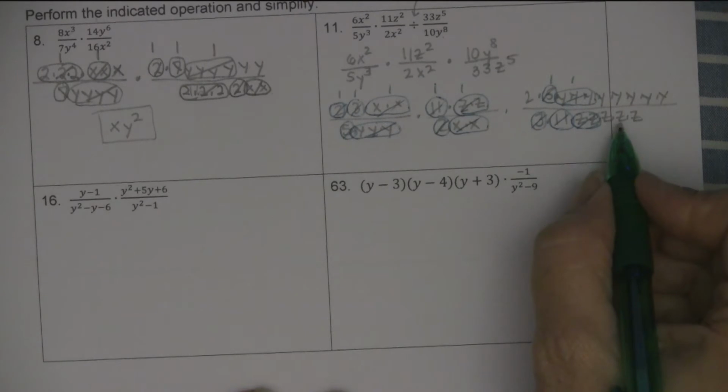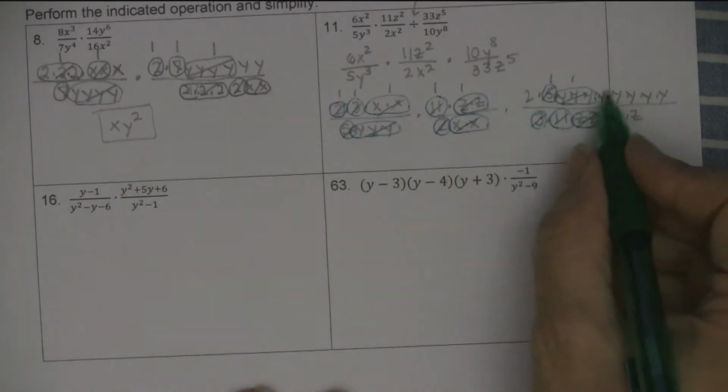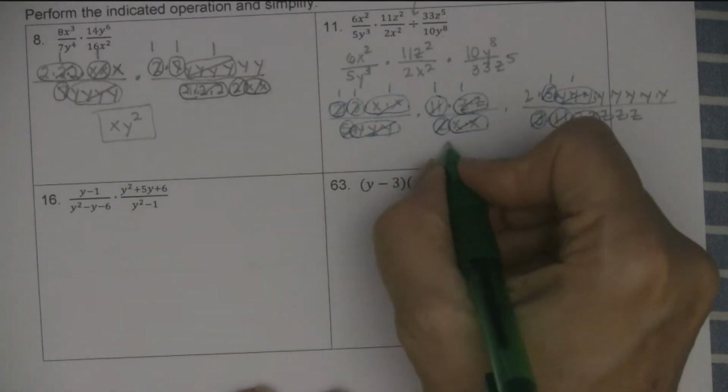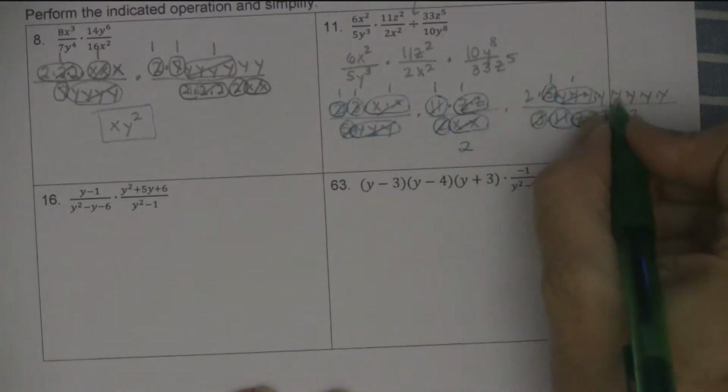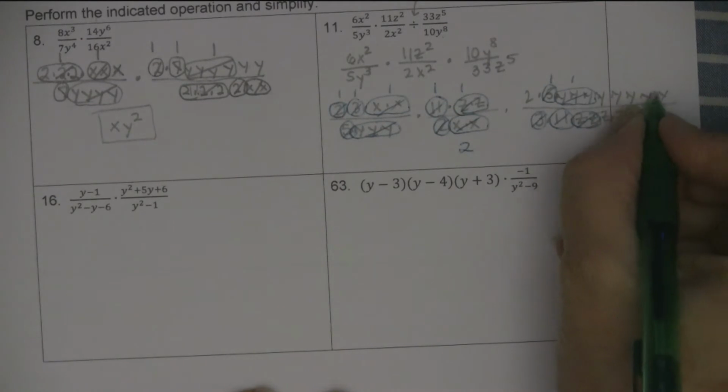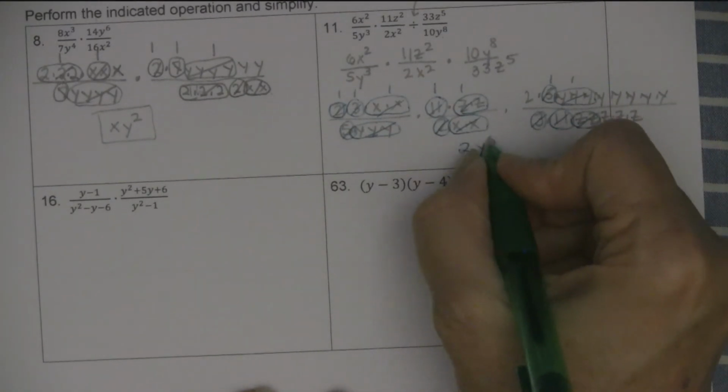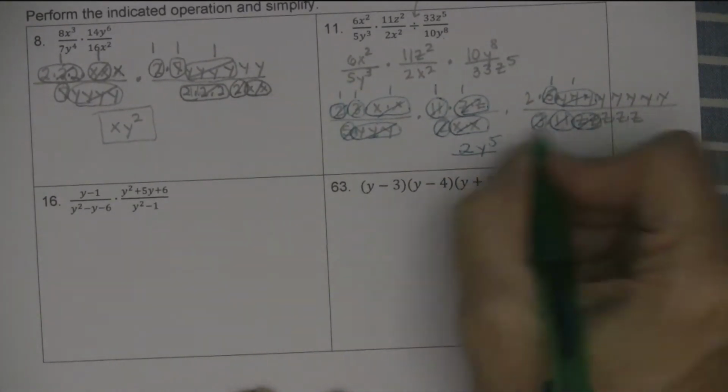And what do I have left? I have some z's, but I don't have any more z's in the top. So I have, in the numerator, I have 2. Here's this 2. And I have 1, 2, 3, 4, 5 y's, y to the fifth, over z to the third.